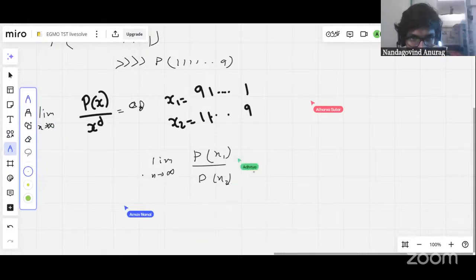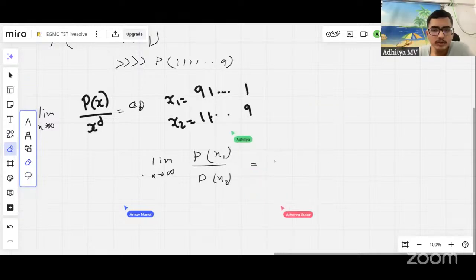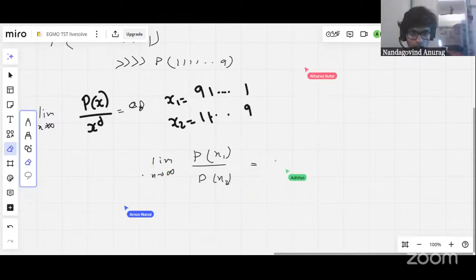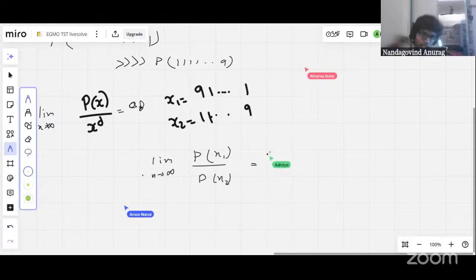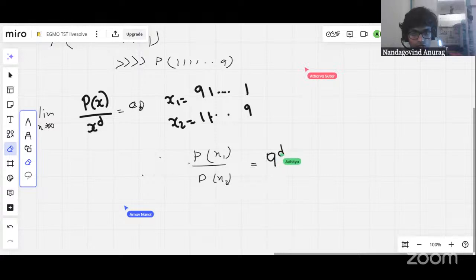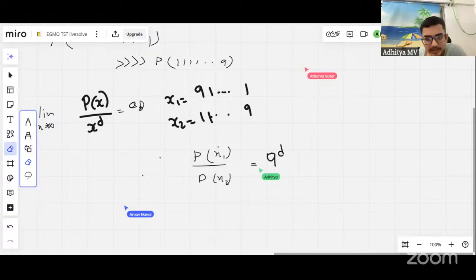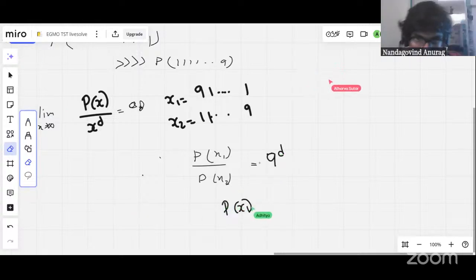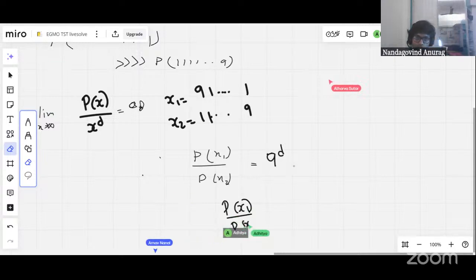This will grow, it will become very close to 9 to the power d, because we can write it like this, p(x1) upon p(x2). 9 to the power d grows very quickly.